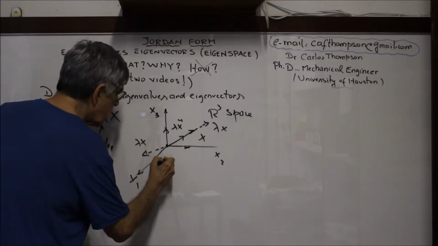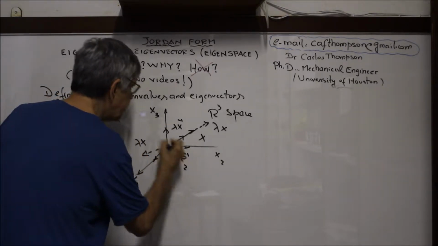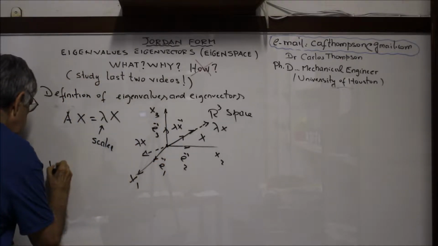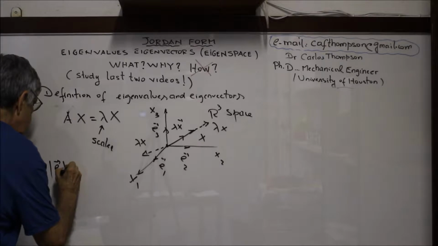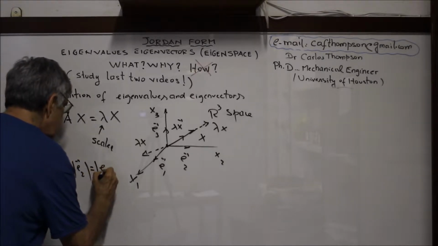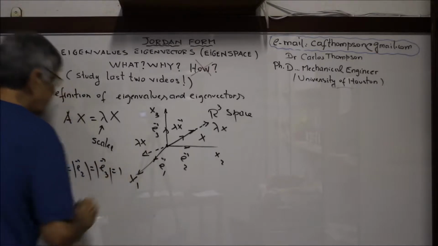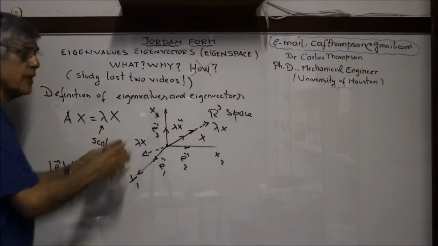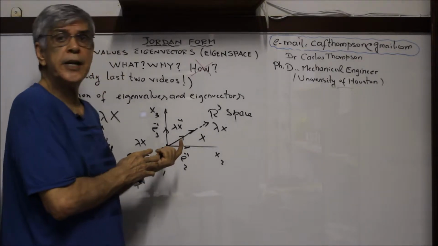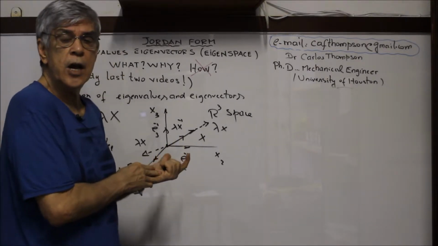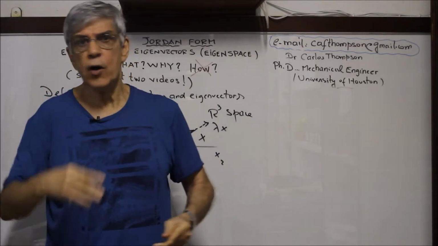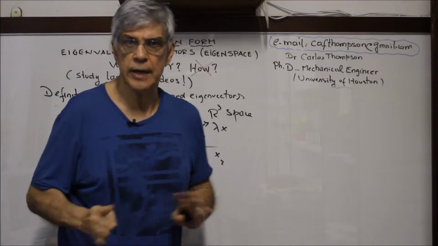Here is E1, here is E2, and here is E3. You know that the size of E1 is equal to the size of E2, is equal to the size of E3, is equal to 1. This is a 3 by 3 matrix, but what we learn here we can generalize and extend to an n by n matrix.